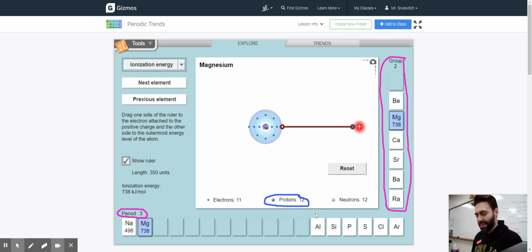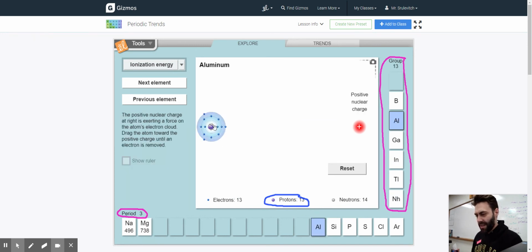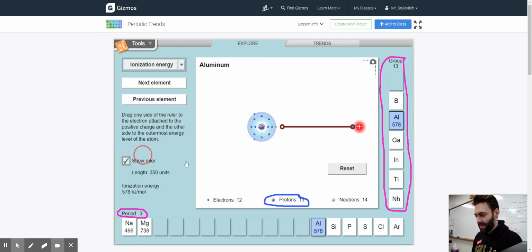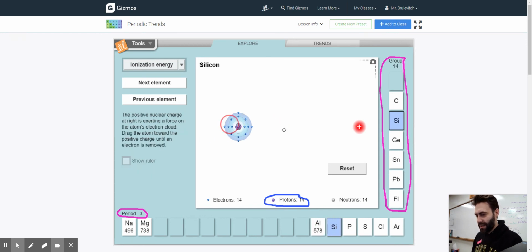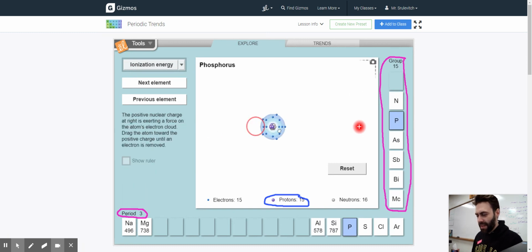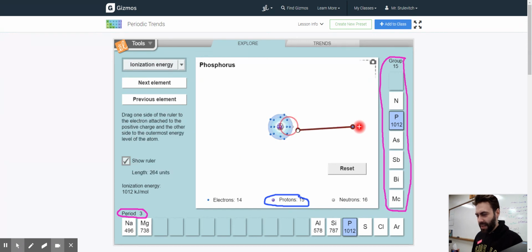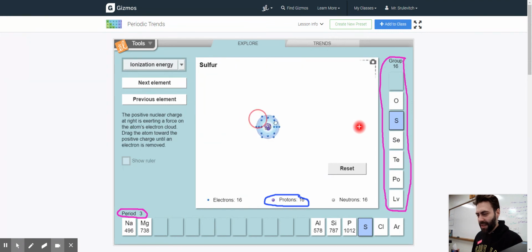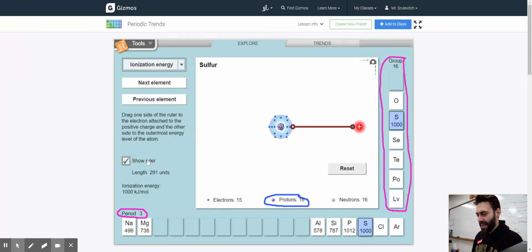It just shows you this ruler. Aluminum. Silicon. Okay, so what are you noticing about the energy? Is it taking more energy or less energy to pull off a valence electron?